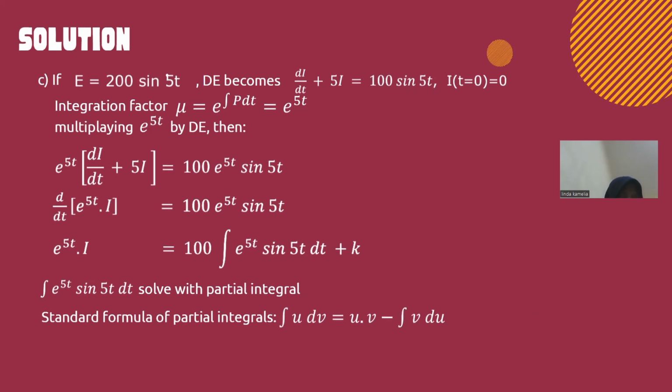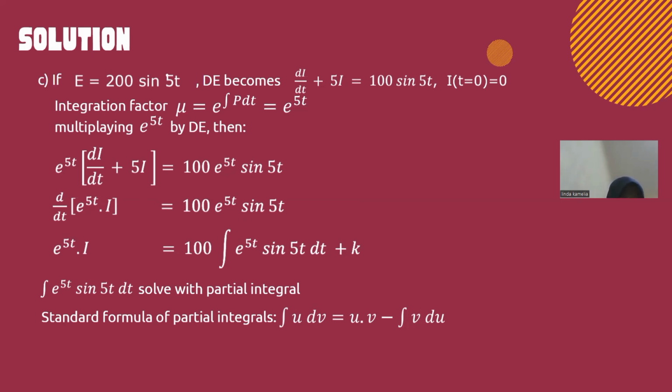Then for C, if E equals 200 sin 5t, it becomes dI over dt plus 5I equals 100 sin 5t. And then by integration factor, u equals e power integral p dt equals e power 5t. We multiply e power 5t by the equation, then we get e power 5t times dI over dt plus 5I equals 100 e power 5t sin 5t.